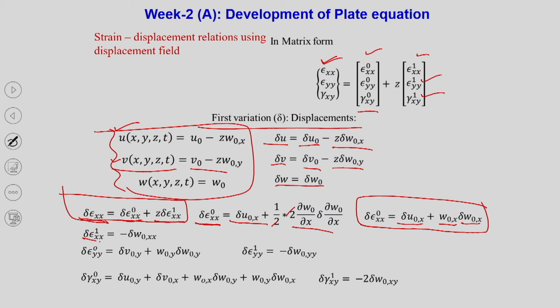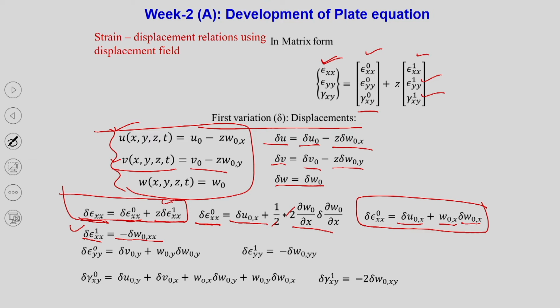Similarly, what is del epsilon xx 1? The first variation acts as a differential operator. One can go through the internet or Google, or a book of J. N. Reddy, theory of elasticity. It is clearly explained that it acts as a differential operator and its rules are the same.